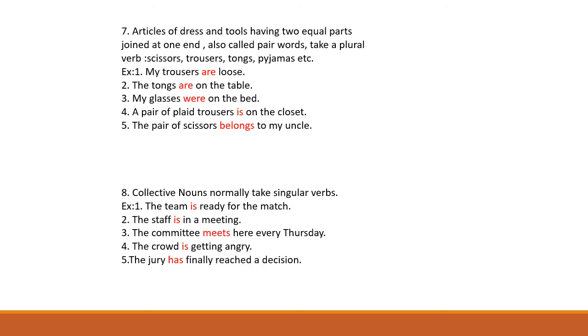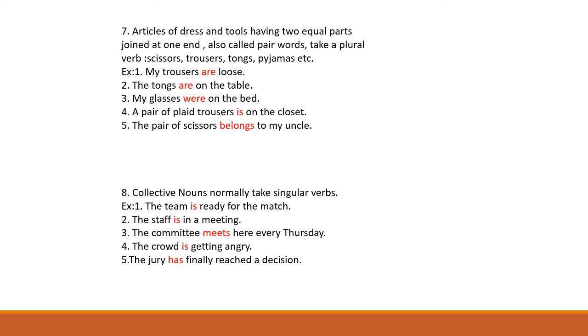Articles of dress and tools having two equal parts joined at one end are also called pair words. They take a plural verb. For example, scissors. They are nouns: scissors, tongs, trousers, pajamas, tweezers. They all take plural verbs.